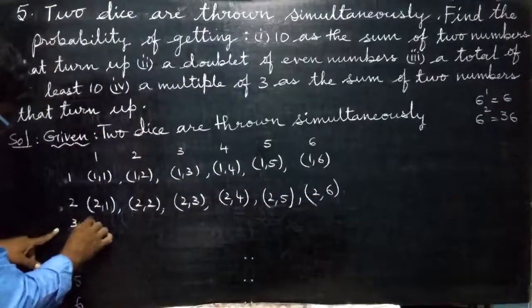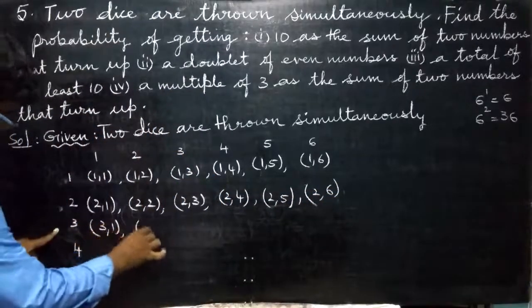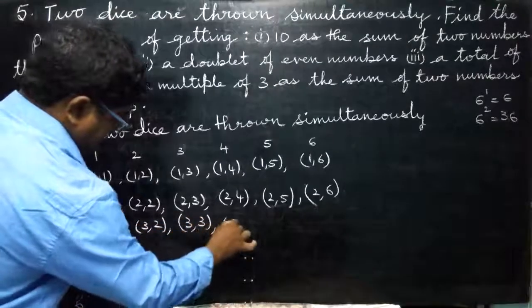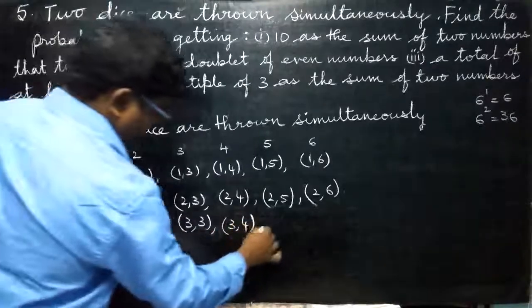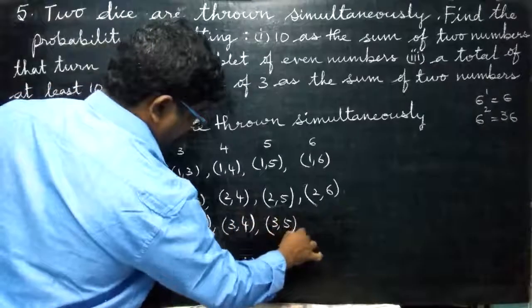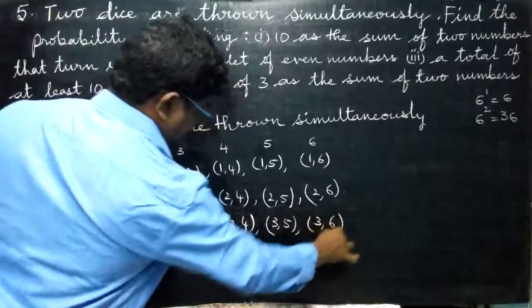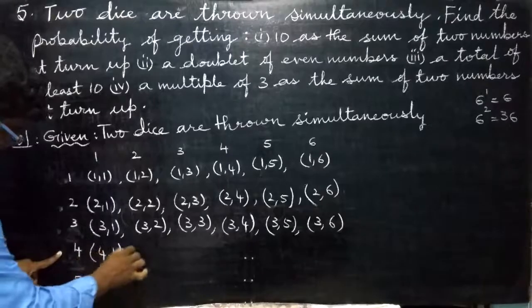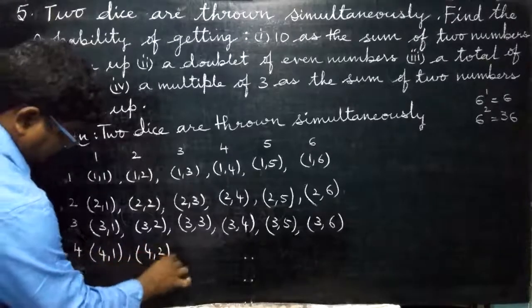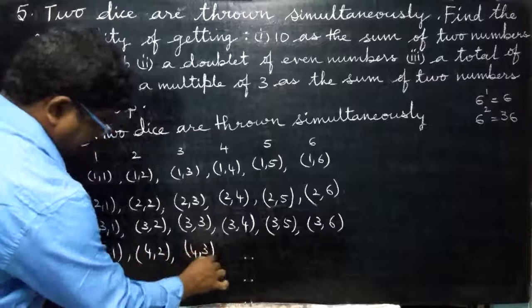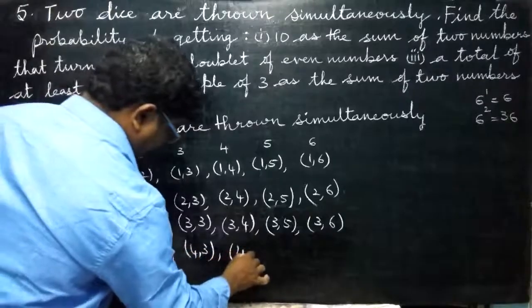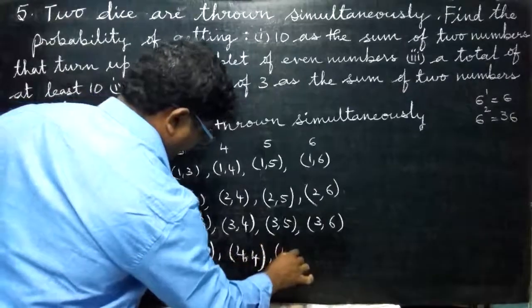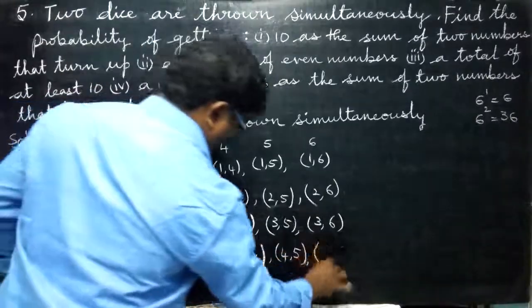Next 3 comma 1, 3 comma 2, 3 comma 3, 3 comma 4, 3 comma 5, 3 comma 6. Next 4 comma 1, 4 comma 2, 4 comma 3, 4 comma 4, 4 comma 5, 4 comma 6.